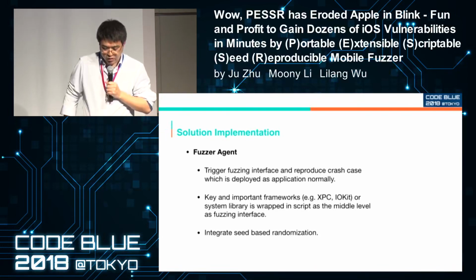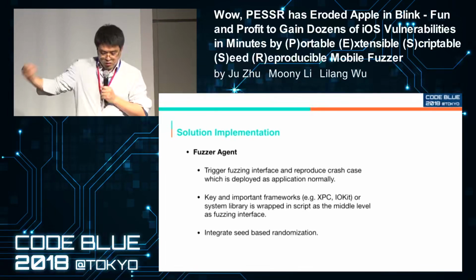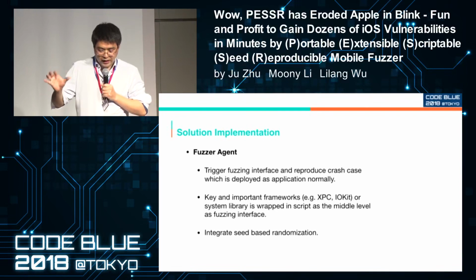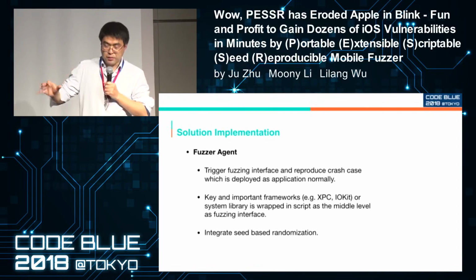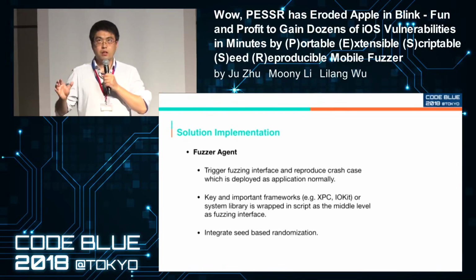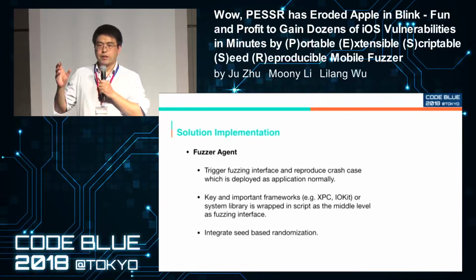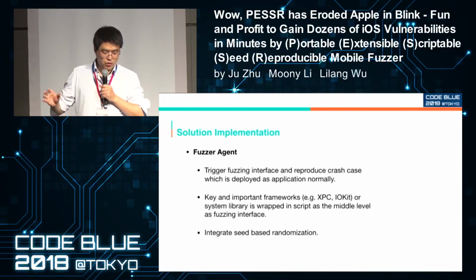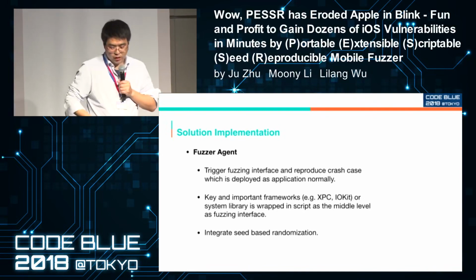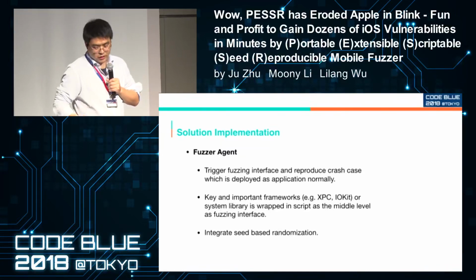For the key important frameworks, for example XPC, IOKit, system calls, or the system library, we can wrap all of these frameworks in the script, because it has no compile phase effort, so we can keep this solution cross-platform. And we will also integrate our seed reproduction strategy in our fuzzing agent.